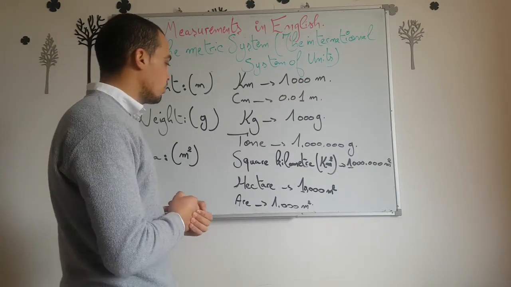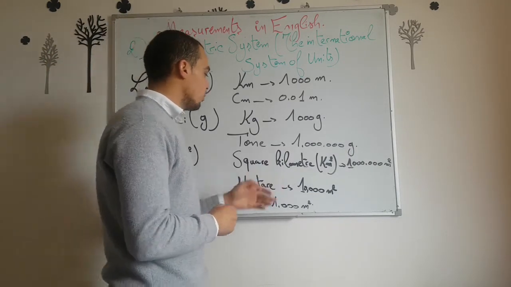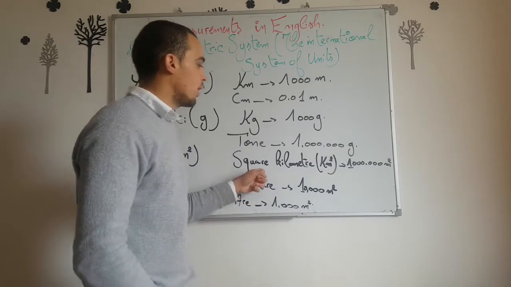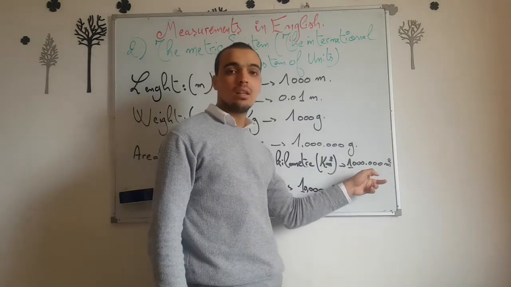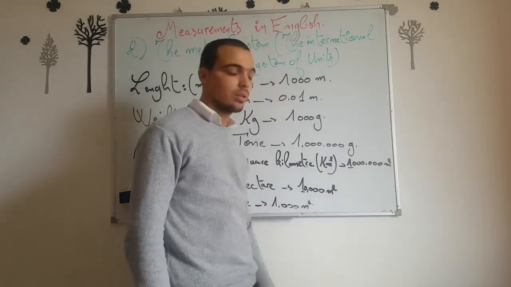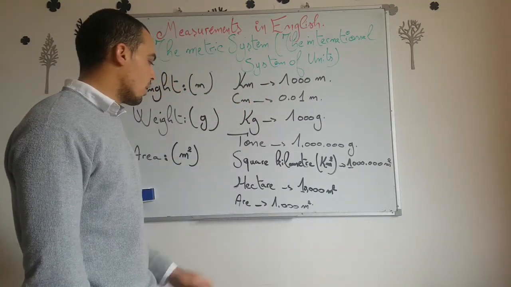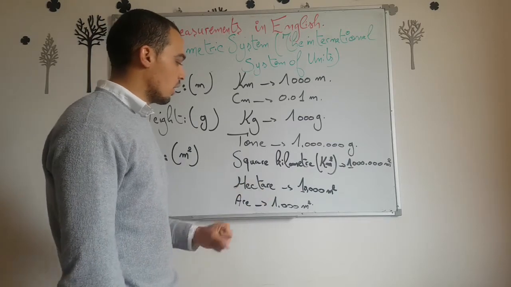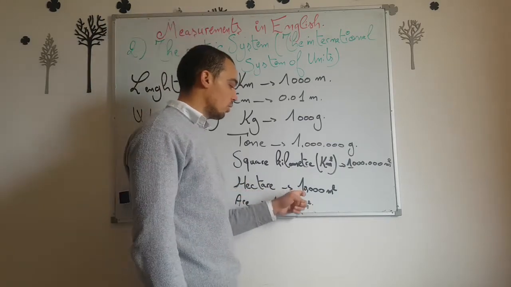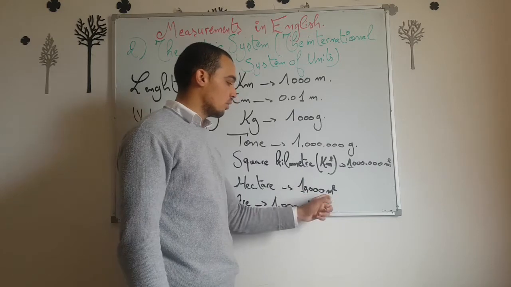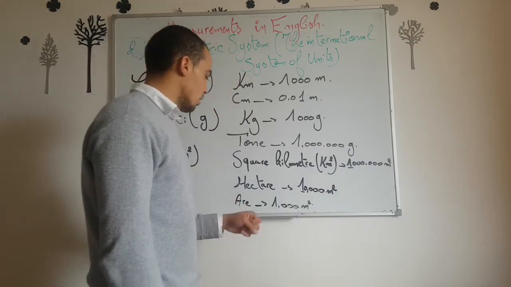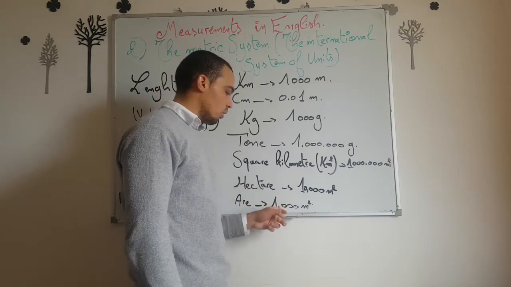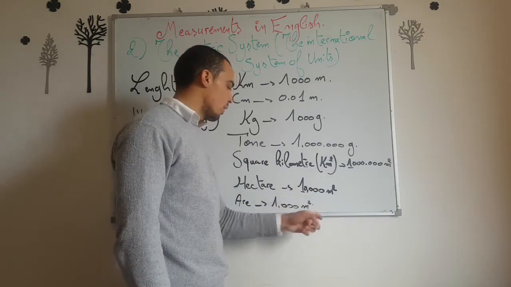Other units are the square kilometer, which stands for 1 million square meters. Then we have the hectare, which is equivalent to 10,000 square meters. We have then the are, which is equivalent to 1,000 square meters.